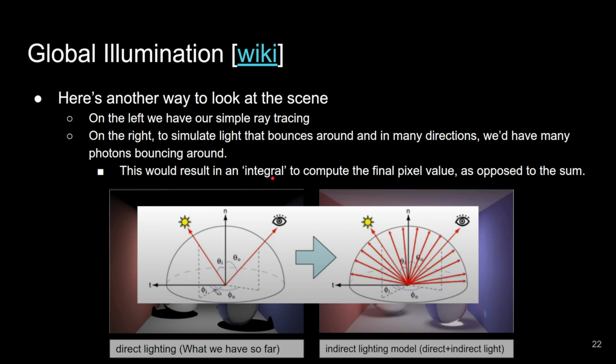Don't worry, you don't need to know any calculus, but you just need to know that an integral is a summation of many parts, to compute the area under that curve. Think of it as summing up many things, versus here where we just have one ray and we're saying, hey, that's the pixel color, right away, we've got it. But here we actually have to do an integral, or a summation, of many things. So physics and calculus come into play a little bit here, and we need an overall sum.